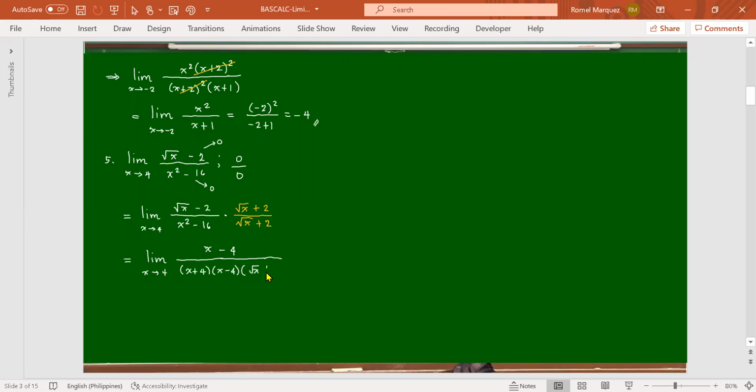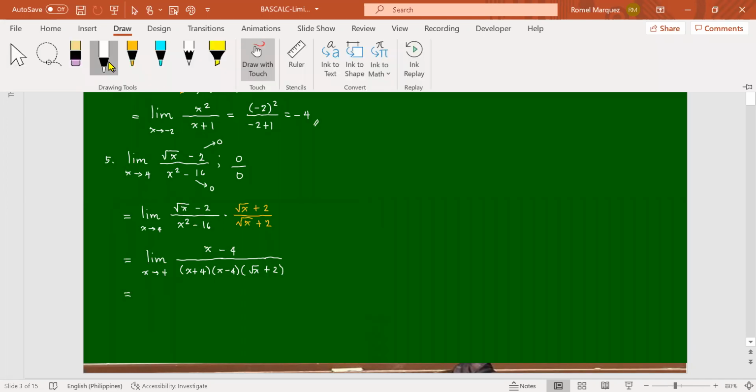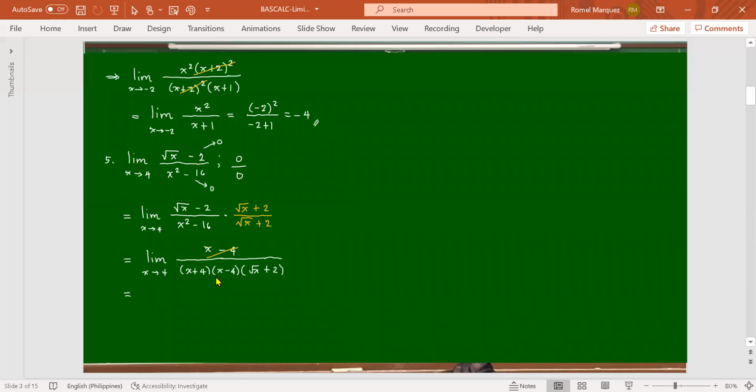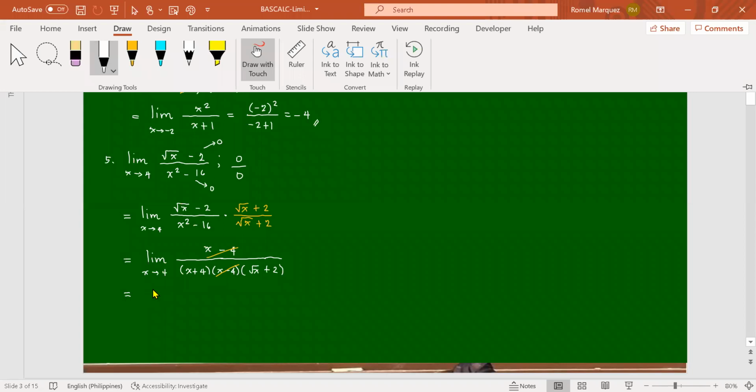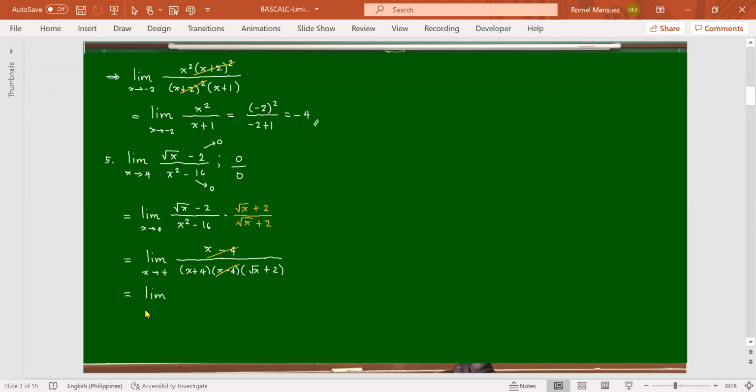Very good. Okay, so pwede na nating tanggalin yung nagsisiro na. So we can now cancel this out. Then check if the limit of the denominator of the new function is now okay, meaning not 0 anymore. Is it not 0 anymore, guys? Hindi na, no? So we can now apply substitution technique there.